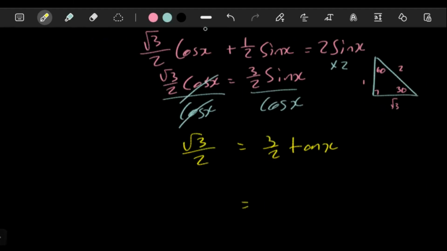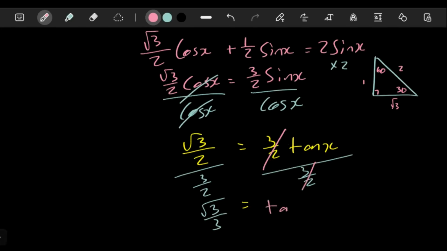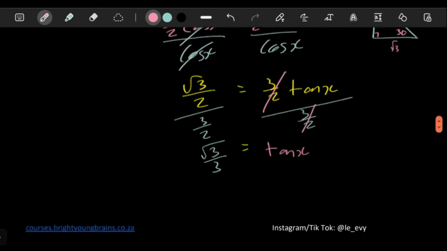And then obviously you can divide both sides by 3 over 2, and then you can just have here square root of 3 over 3. This is what? Tan x. There you go. Tan x.